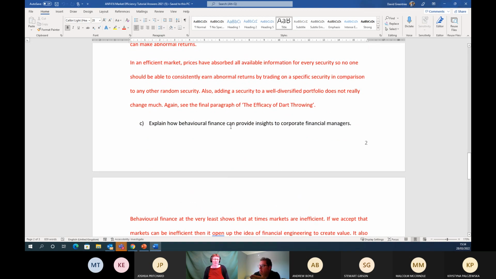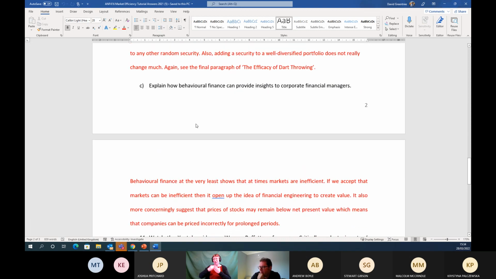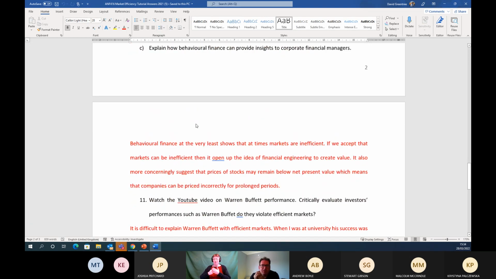It then talks about behavioral finance. And as soon as we have behavior impacting on investment decisions, then it does show that markets are inefficient. Going back to my Grand National analogy, if there's a horse in the Grand National called David's Delight, then everybody that's called David would irrationally put money on that horse.